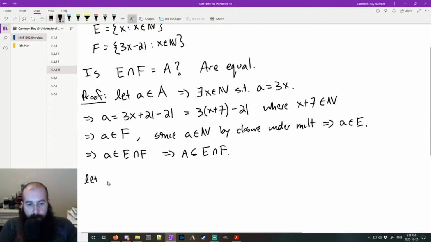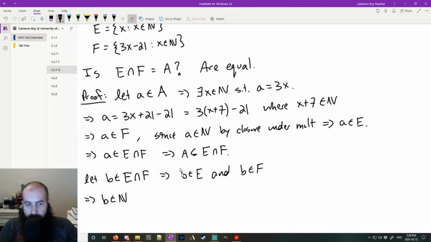If we now let B be an arbitrary element of E intersect F, this means that B is an element of E, and that B is an element of F. So we can unpack what each of these means. This means that B is natural, because it belongs to E, which only contains natural numbers, and that there exists a natural number x such that B is equal to 3x minus 21. 3x minus 21 we can write as 3 times x minus 7.